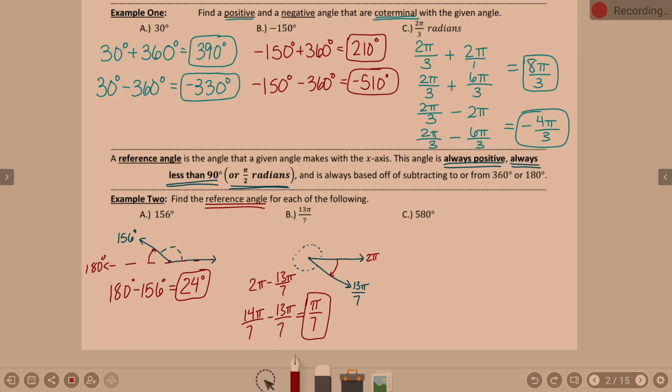I have a question. Yes? So pi over 2 radians is bigger than pi over 7. Yes. Because half of something is bigger than a seventh of something. Oh, okay. I was just thinking like the number. Yeah.